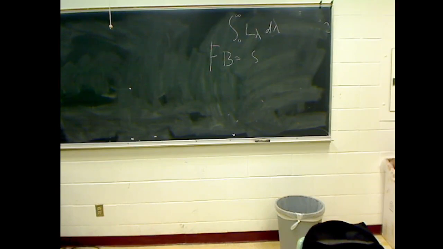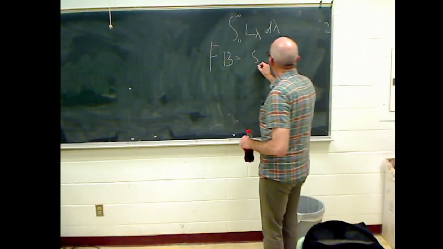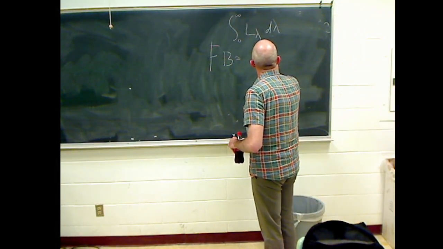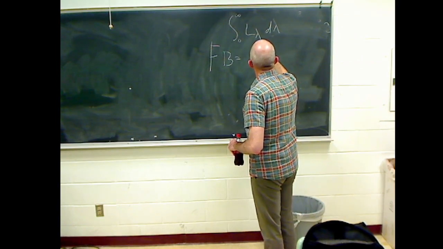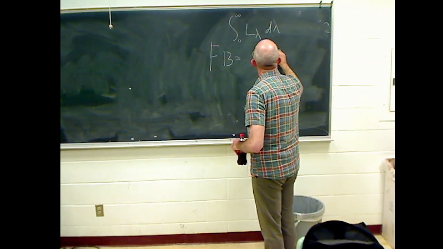So let's say that this goes from 400 to 490. This filter just lets light through between 400 and 490 nanometers and rejects everything else. It's not actually a step function, it's got a shape, but we'll just call it a step function for now. So to get the B flux, I would integrate from 400 nanometers to 490 nanometers of my flux function.